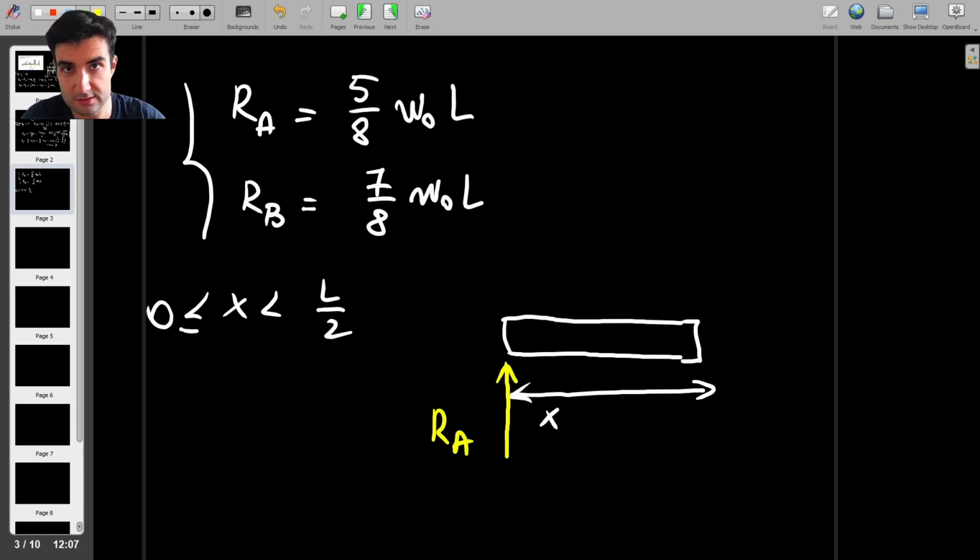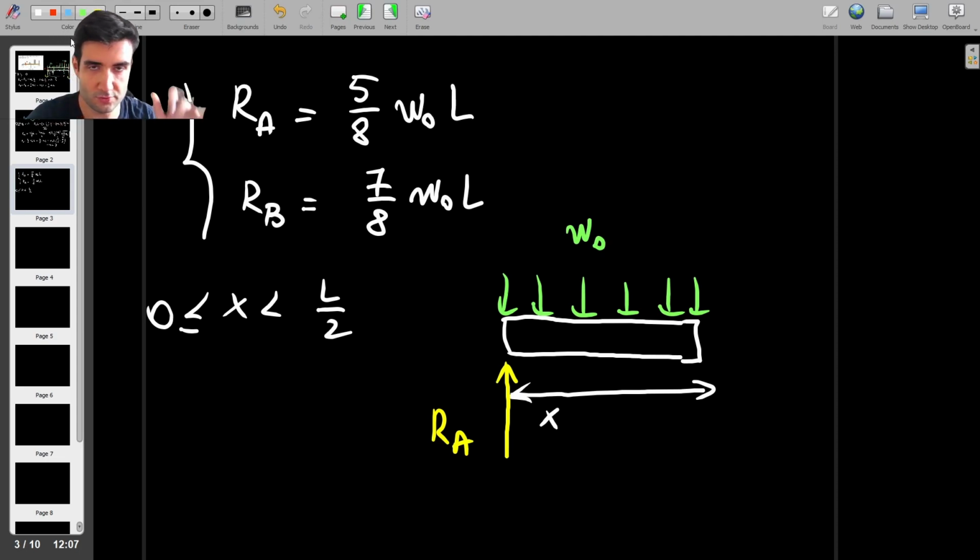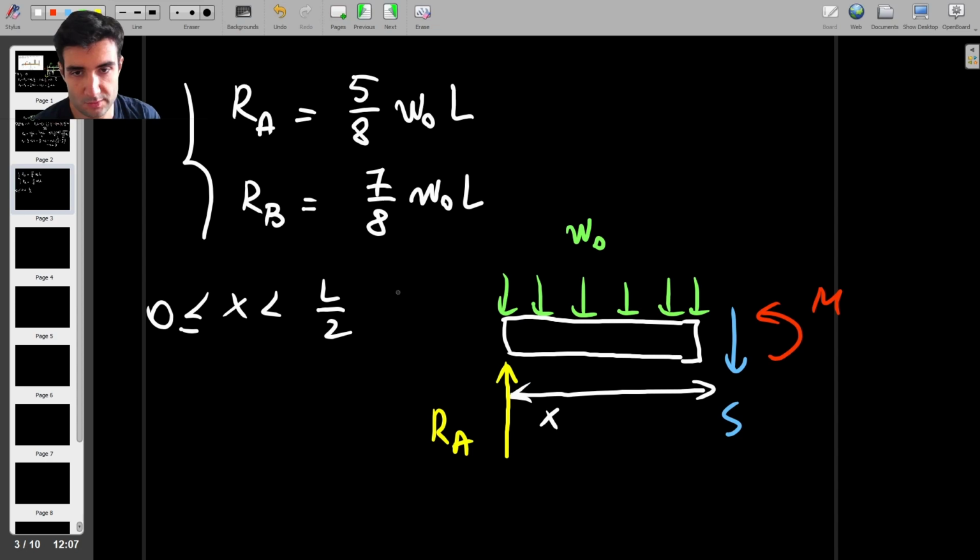Then I know I have a distributed load, which is just W naught like this, and on the face that's been cut, I have a shear force and a bending moment. So let's find the shear force and then the bending moment. I'm going to put a 1 here because I'm just talking about the first section, and then I'll do the same thing for the second section.